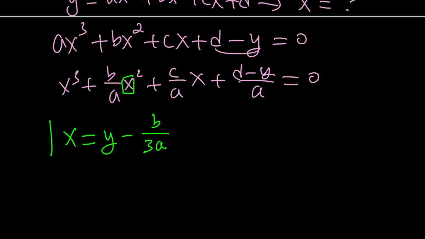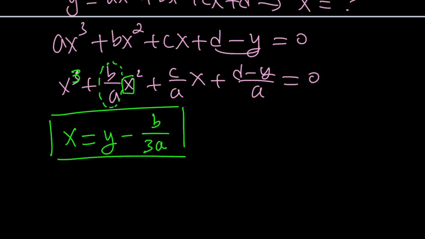The reason behind that is you basically take the coefficient of x squared, you divide it by the degree of the polynomial, which is 3, and that gives you b over 3a, and then you negate it. You take the opposite. So if it's a plus b over a, you have to write this as minus b over 3a. Does that make sense? If it's a minus sign, then you make it a plus sign. Just think about the opposite.